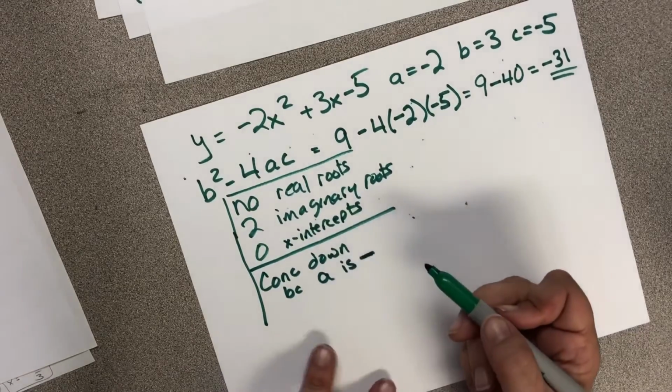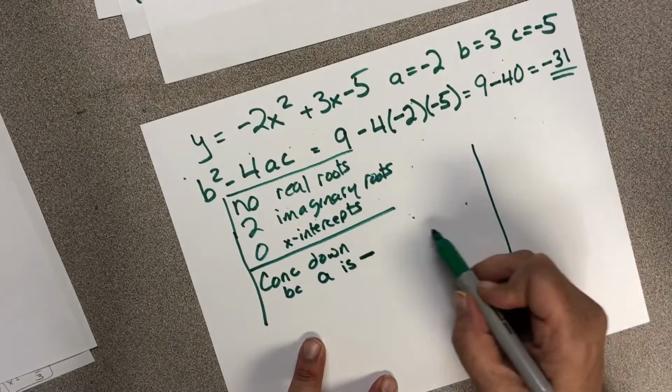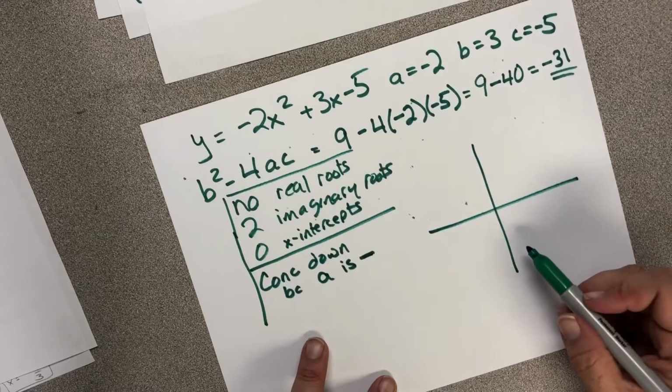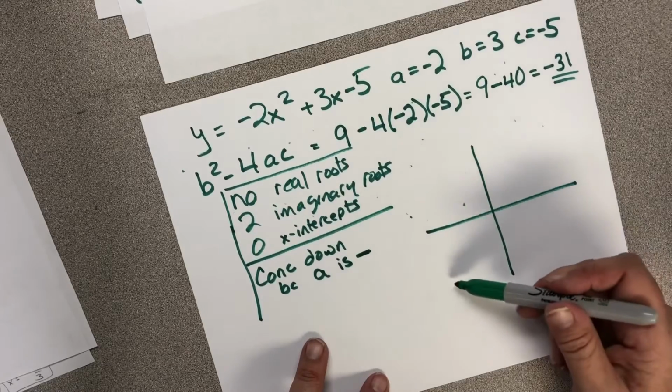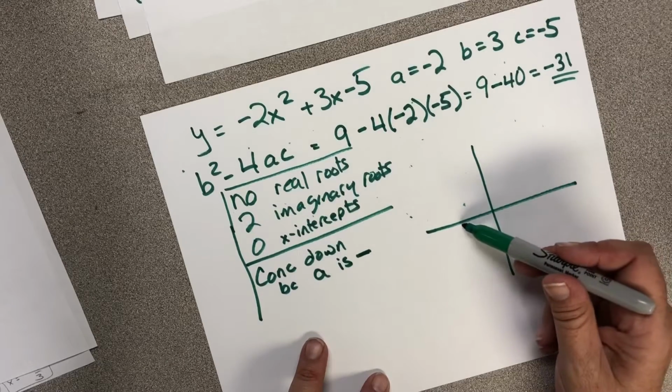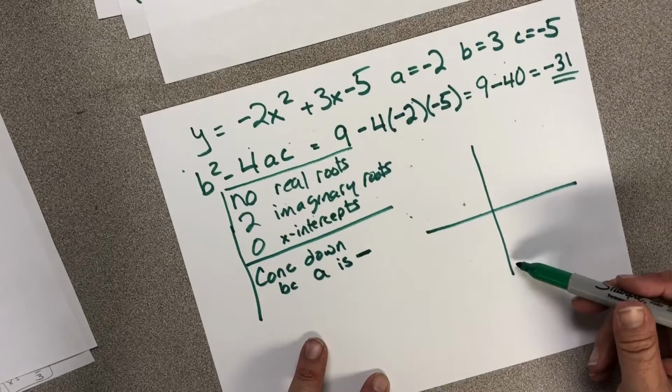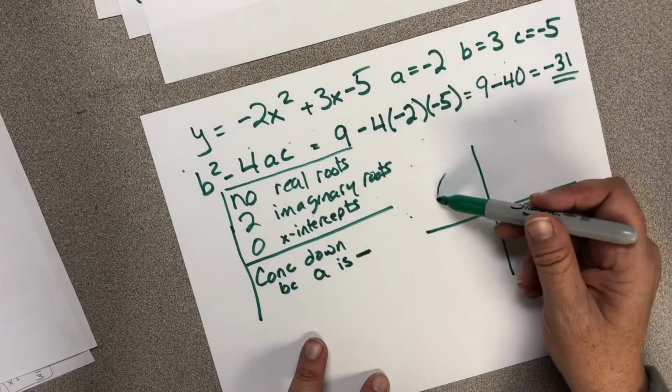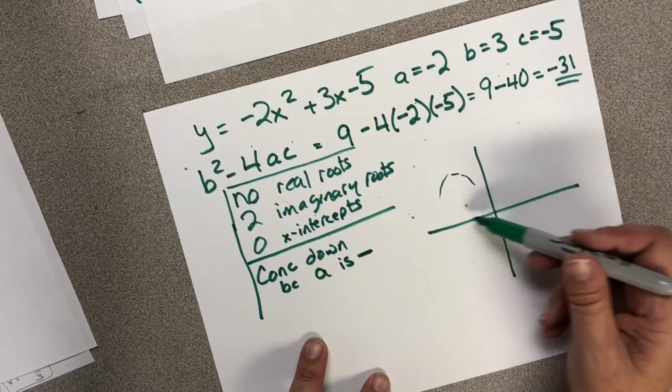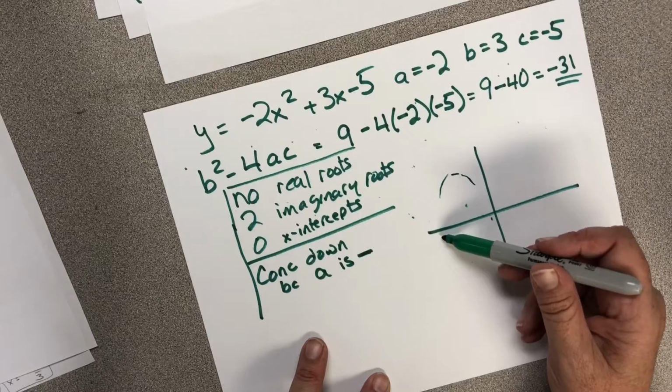And if you wanted to draw this graph, at minimum, I would need to see concave down with no real roots, which means you're going to have to draw it with your vertex below the x-axis, right? If you draw it with the vertex here and you go concave down, you're going to get roots. So you don't want to do that.